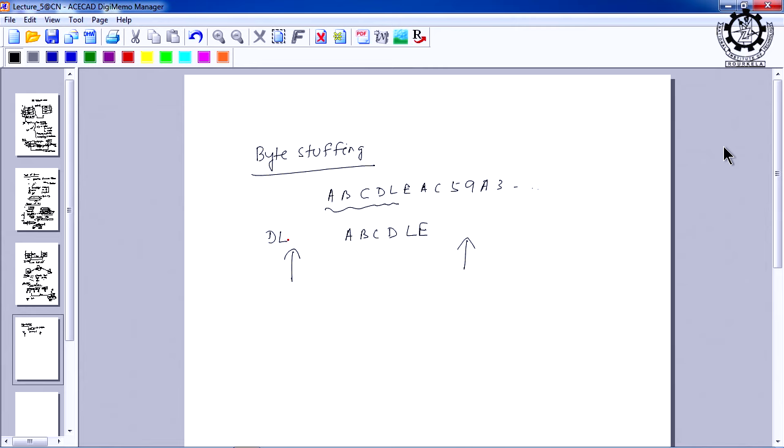The first is DLE STX, indicating data link escape, start of text, followed by the actual data, followed again by a set of characters DLE ETX, meaning data link escape, end of text. These two are considered header information and trailer. Sorry, this is not stuffed exactly, it is being added as the header and the trailer.